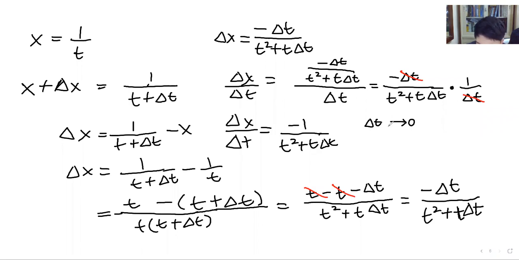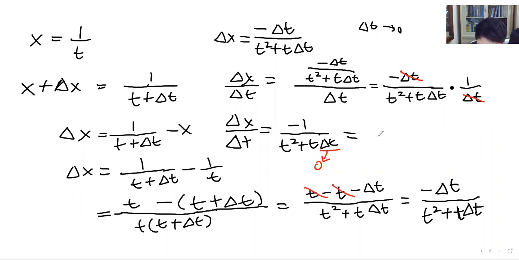Okay, so delta t approaches 0. So 0 times t is obviously again 0. Let's move this to the side.